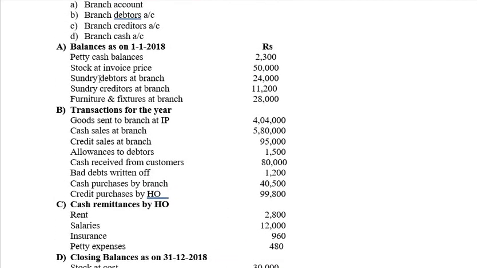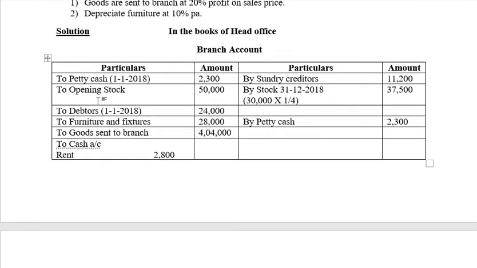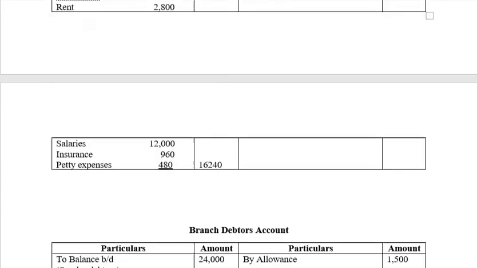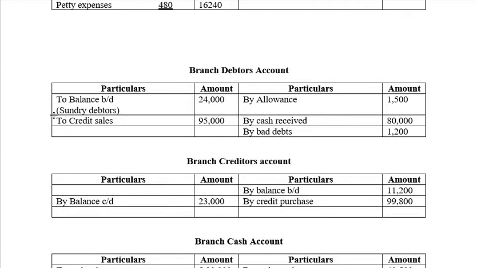Here, sundry debtors at branch 24,000. Now there will be two entries. One will be in the branch account and another entry will be in the debtors account. So first entry, opening balance of debtors 24,000 in the branch account, and the second entry will be in the debtors account, to balance brought down 24,000 sundry debtors. All right, next.